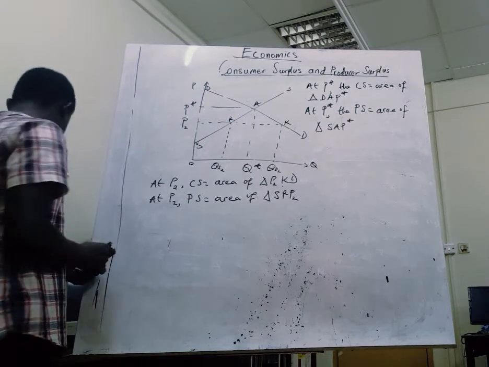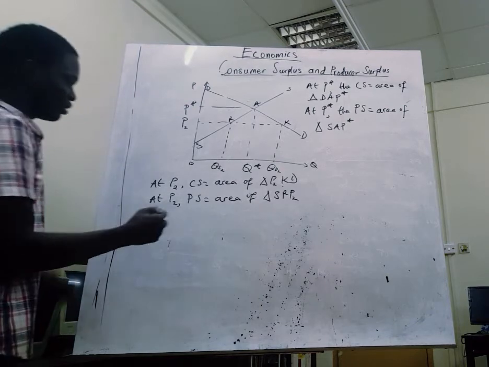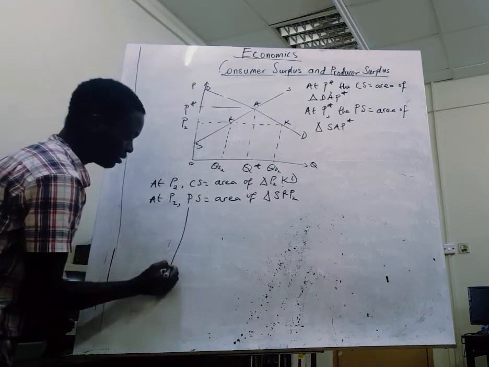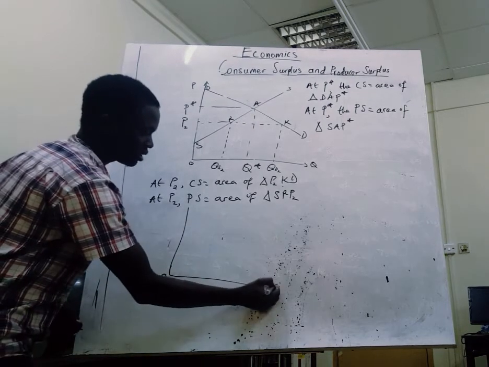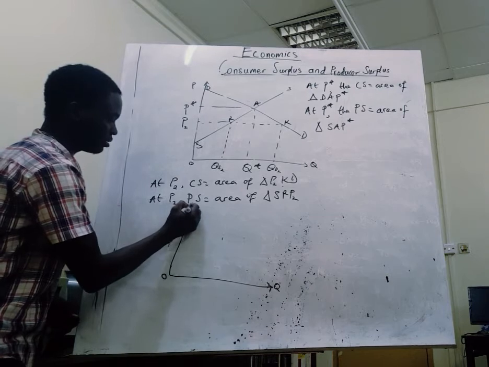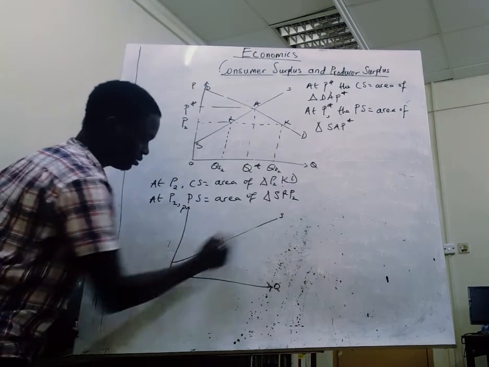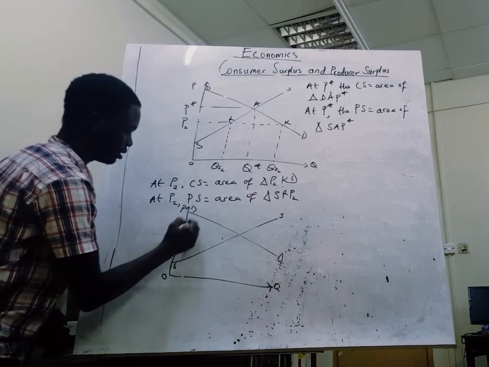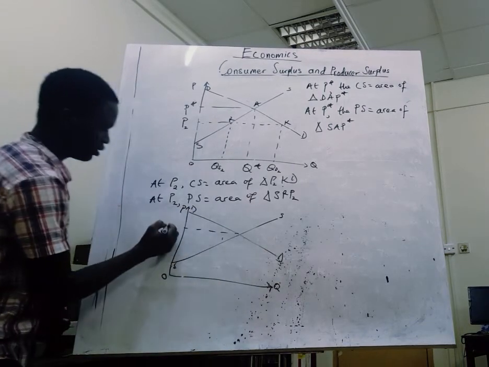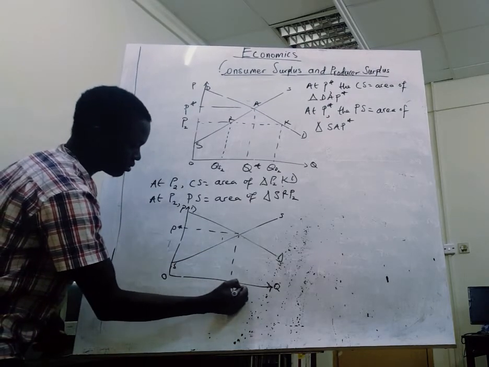Okay. Now, I want to consider the other way around, which is when prices are increased. So we have 0, this is Q, and this is P. Now, this is supply and this is demand. We have an initial P star, then we have Q star.